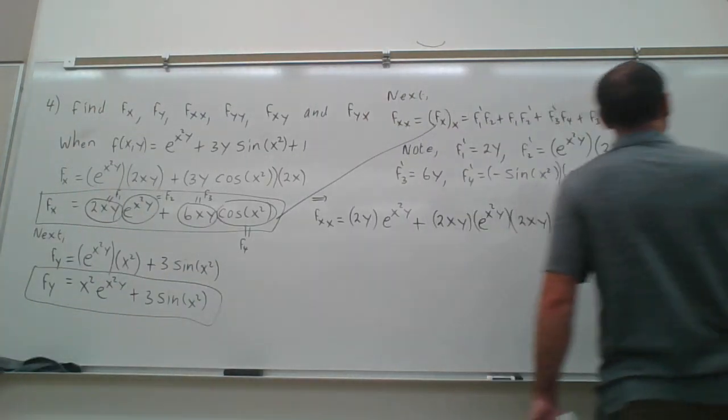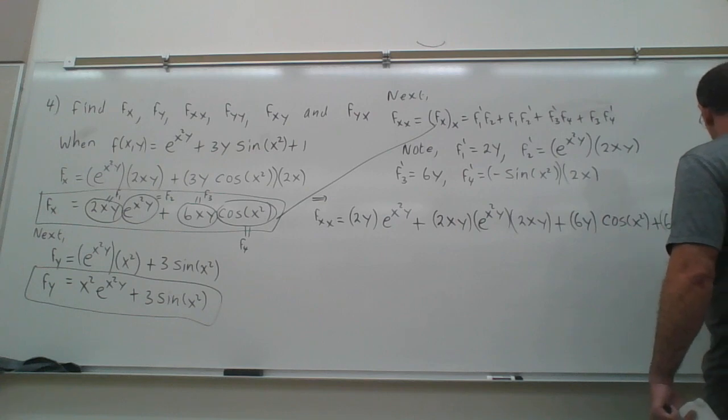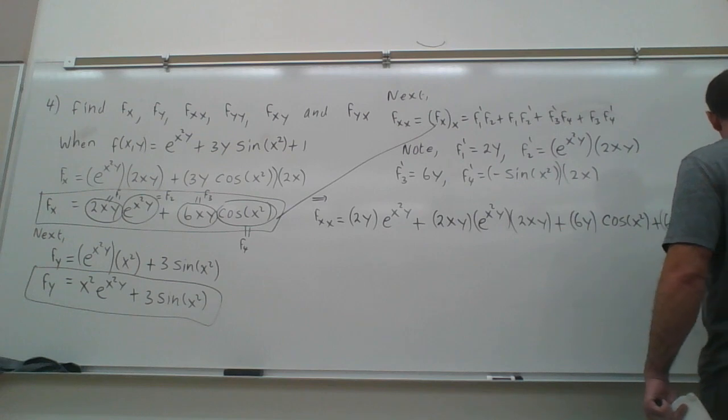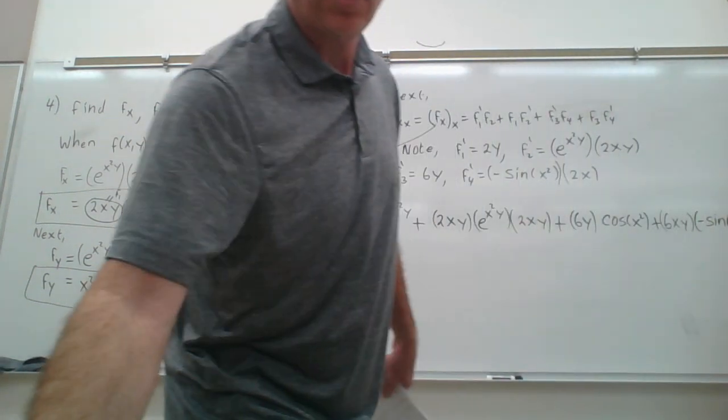F4 prime is minus sine of x squared times 2x. Move this a bit here so you can see it.